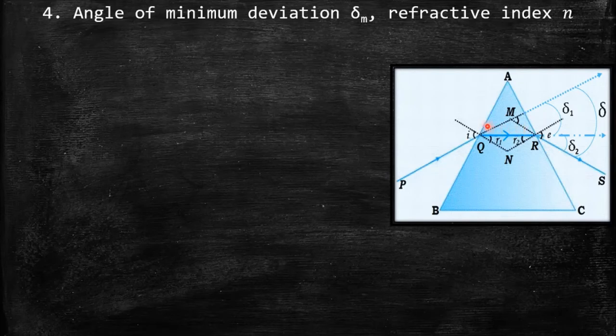Which brings me to the fact that this small little angle over here is going to be 90 minus I, and this angle is going to be 90 minus I again because I is equal to E. So obviously this angle, that is ARQ, will be equal to AQR.